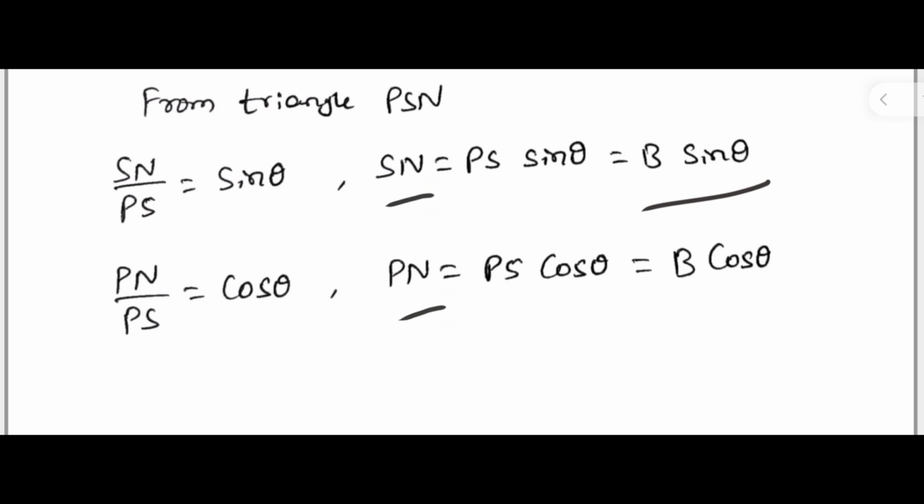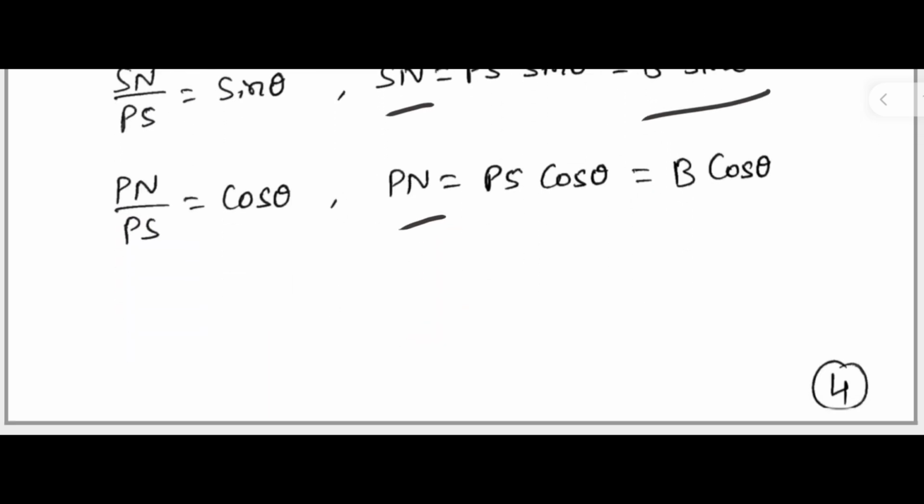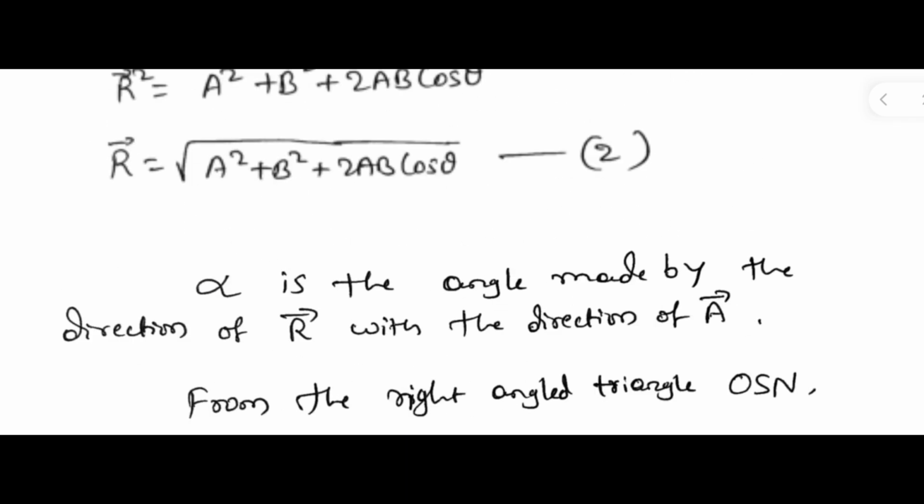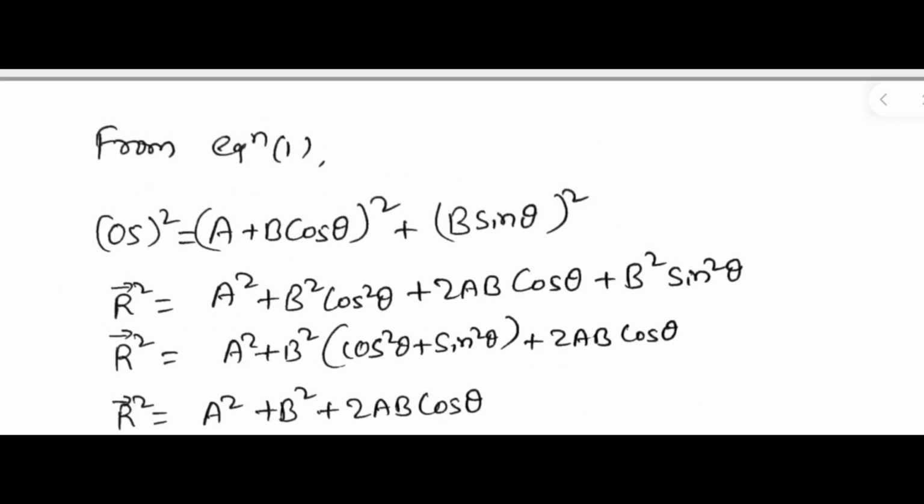Using these values in equation 1, OS, the diagonal, has the value R. So R square equals, here, A plus B whole square.